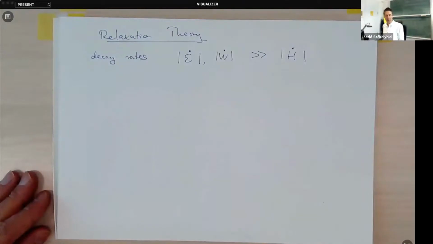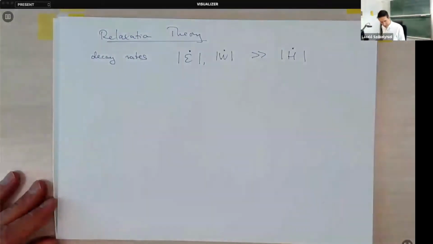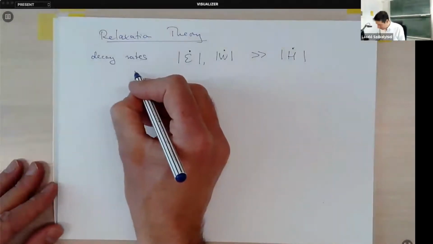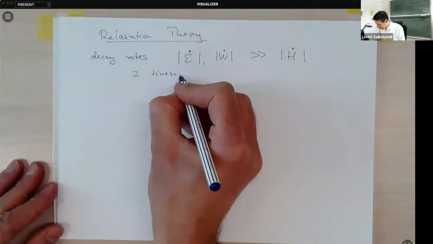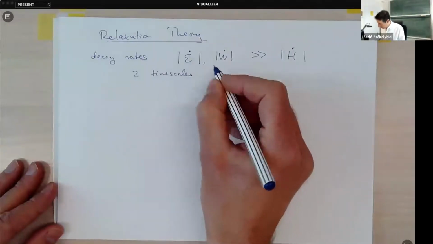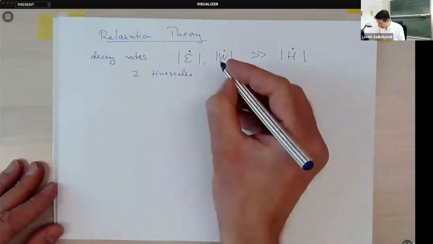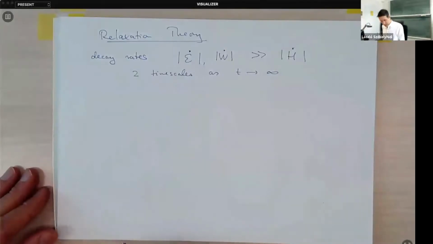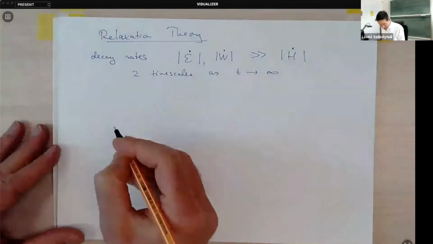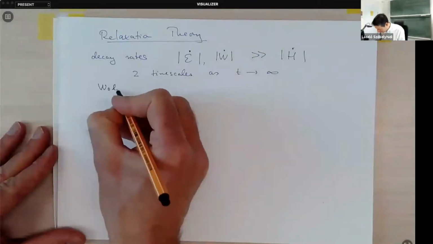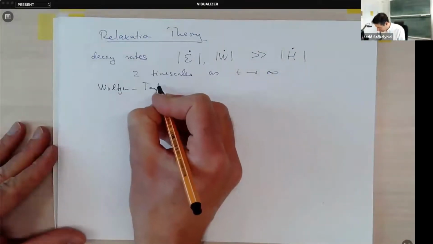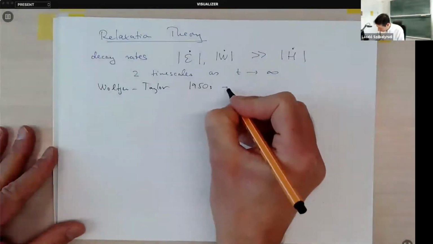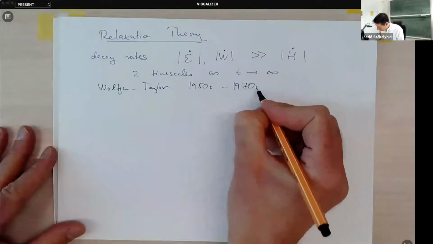Of course, it's a very rough way of saying it, but this leads to the observation, which is physically observed, that there are two timescales for how these energies change in time as t goes to infinity. Roughly speaking, this is the basis of the Woltjer-Taylor relaxation theory, from the 1950s paper of Woltjer and the 1970s paper of Taylor.